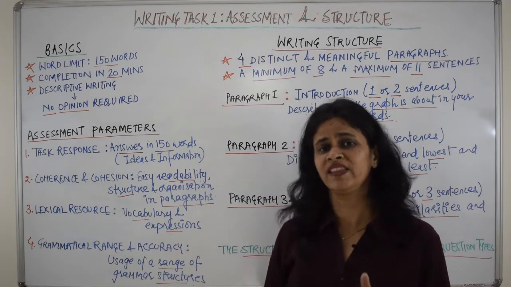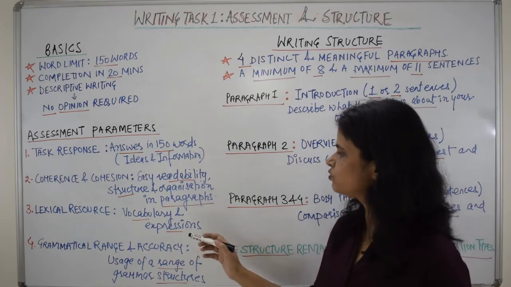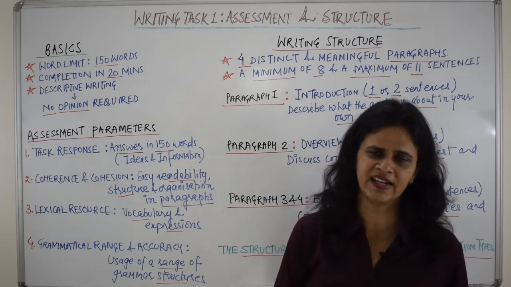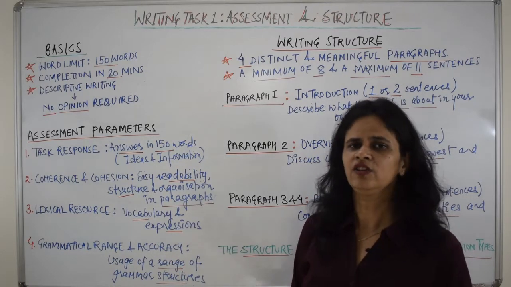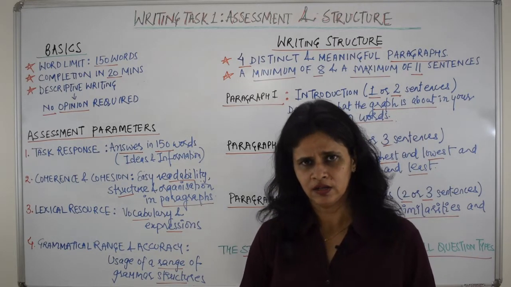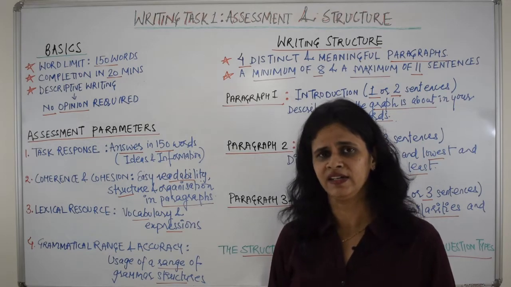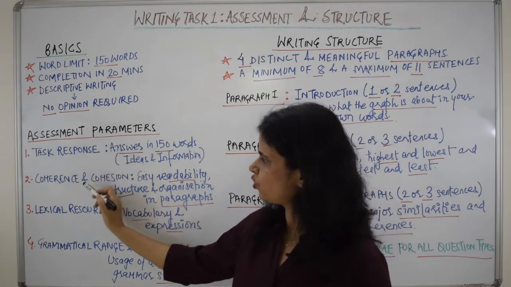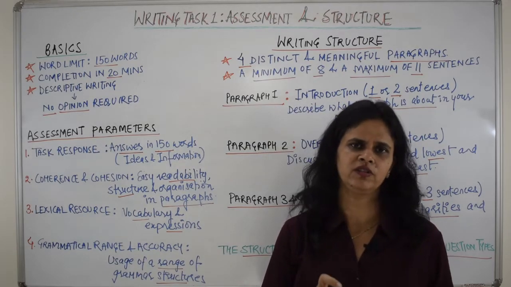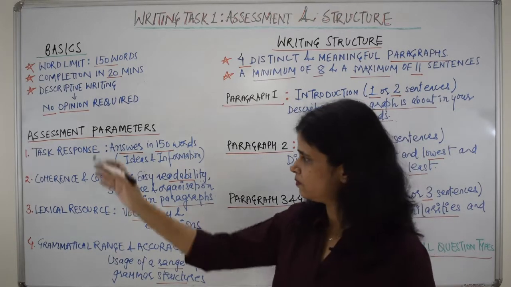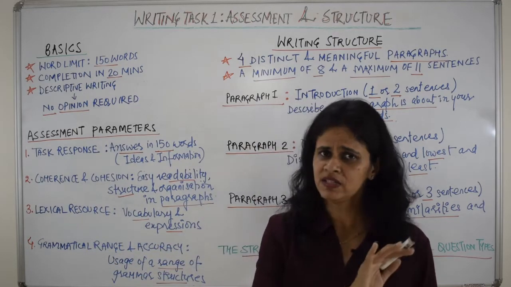Lexical resource, whether or not you have used a good range of vocabulary and expressions. And grammatical range and accuracy, your usage of grammar accurately and effectively. And each of these parameters accounts for 25% of the total marks. So the marking for each of them is equal.